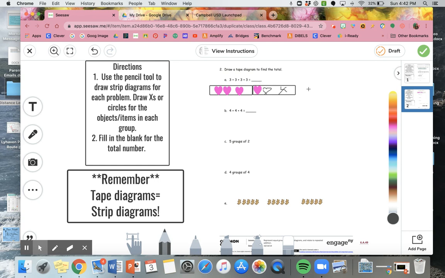So you need to do 2 more because there's 4 groups total. So you're going to do this for page 2, okay? And then you need to find the total. And when you're done, you need to click the green check. All right, my friends, good luck.